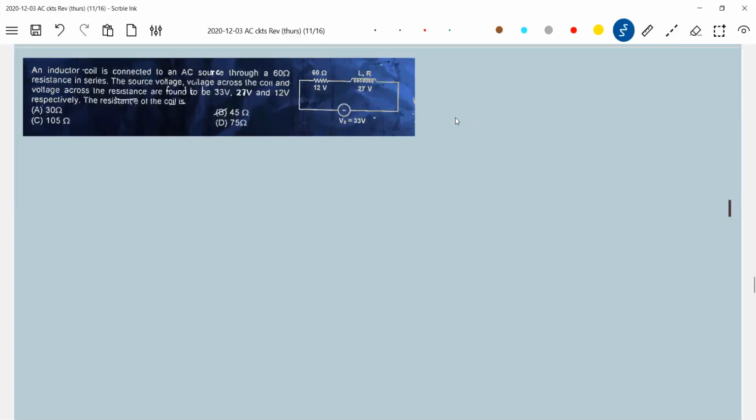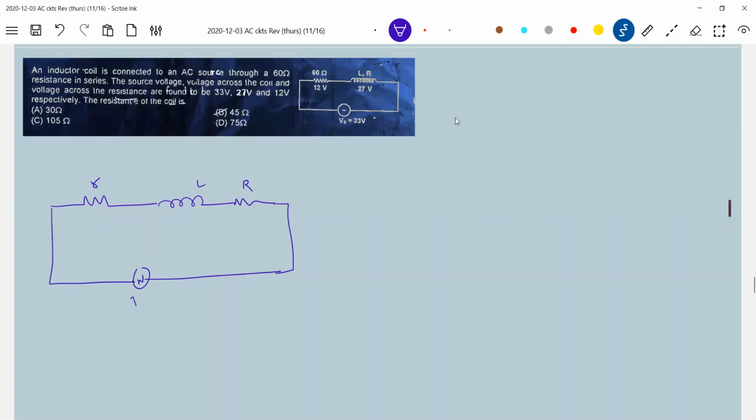So what we know is the current through the circuit. Let me call this capital R, and let me take this as small r. Any symbols you can take. So the applied VRMS is 33 volt. So we know this.